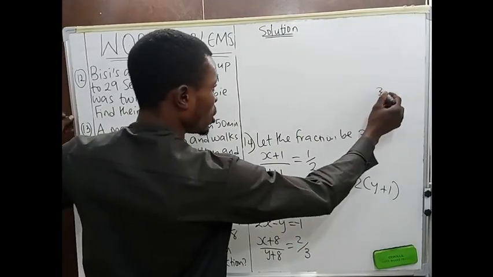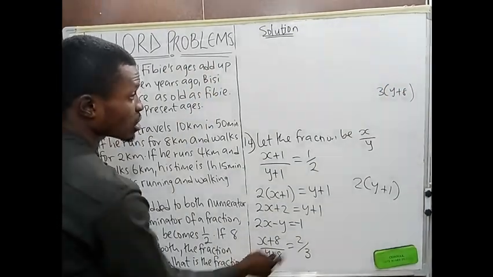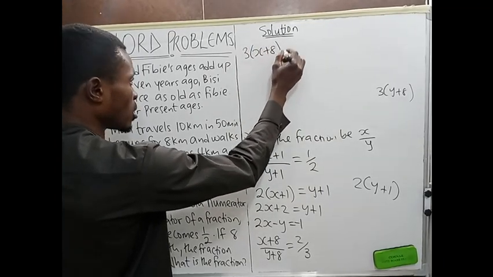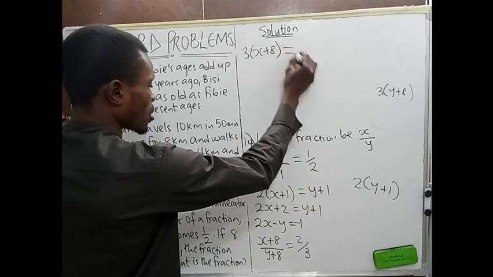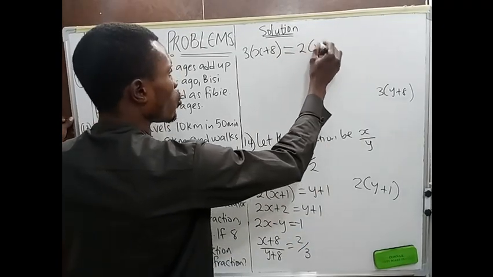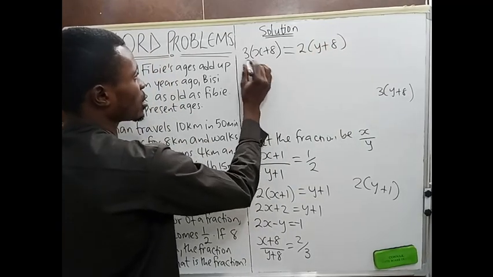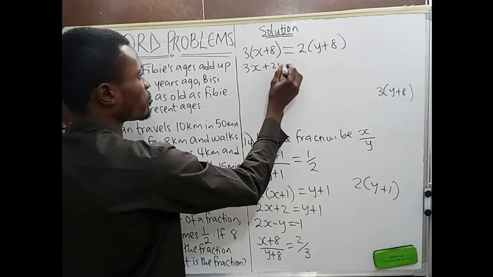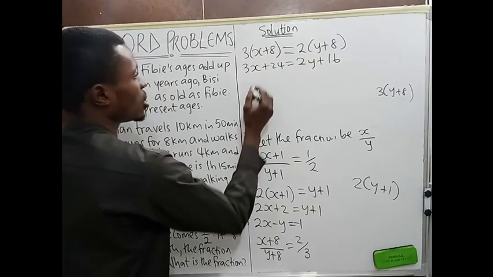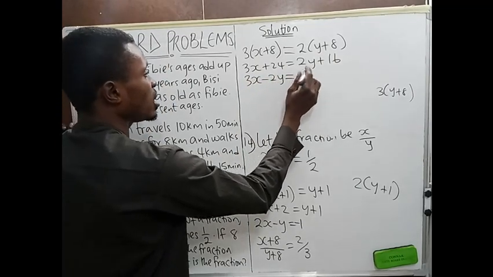The LCM here is 3 into y plus 8. 3 into y plus 8 times this, y plus 8 cancels y plus 8, you have 3 into x plus 8, right? Equals, multiply this fraction by this, 3 cancels 3, you have 2 into y plus 8. Simplify, you have 3x plus 3 times 8, 24, equals 2y plus 2 times 8, 16. So you have 3x minus 2y equals 16 minus 24.